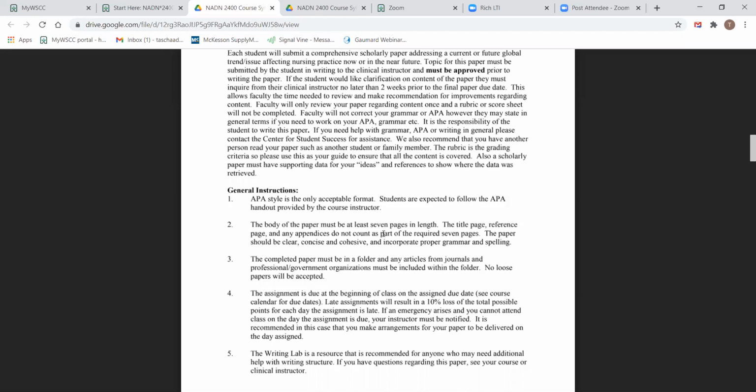If you had a flat tire, getting it to your clinical instructor in a different manner may be necessary, but the goal is that you turn it in. It's not going to be the case that all of you end up with a flat tire on the day that it's due. We'll know something's up.